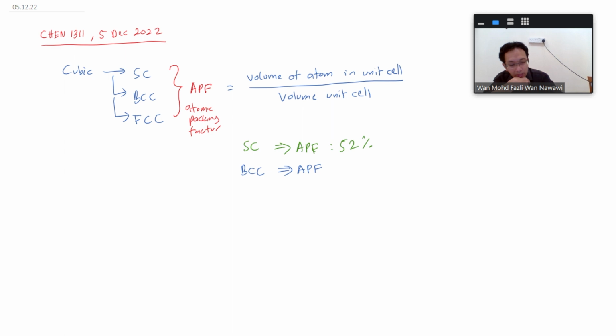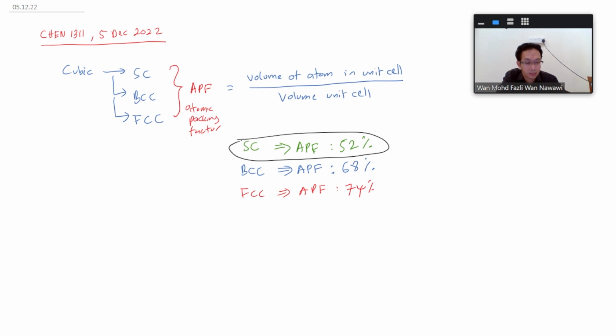For the BCC, it is around 68%. And lastly, we learned about the FCC. The APF for that is around 74%. I showed you during the class how to calculate the atomic packing factor for the simple cubic.